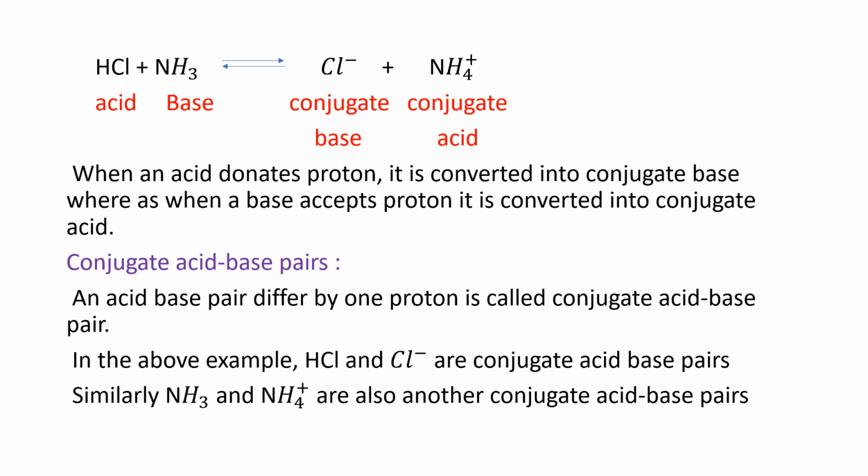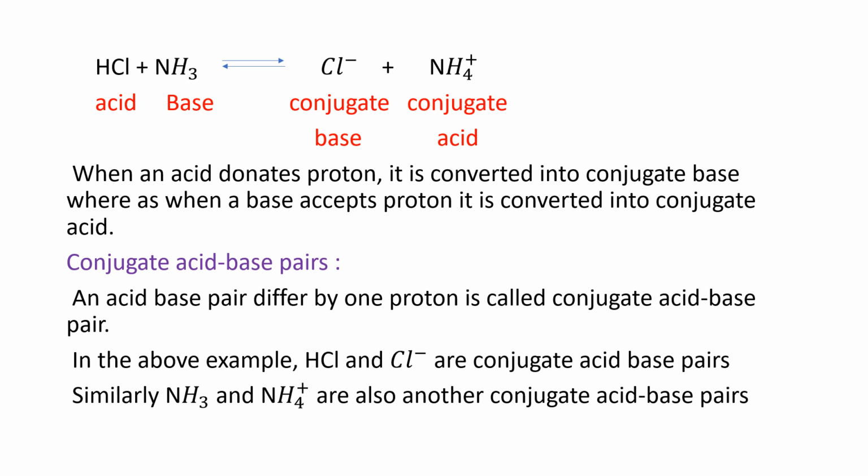Now since HCl is an acid, when it donates a proton, it converts into Cl- ion. That is called the conjugate base of an acid. Therefore when an acid loses the proton, it forms its respective conjugate base, whereas ammonia is acting as a base.